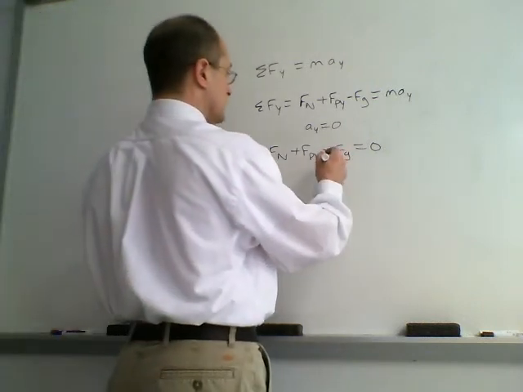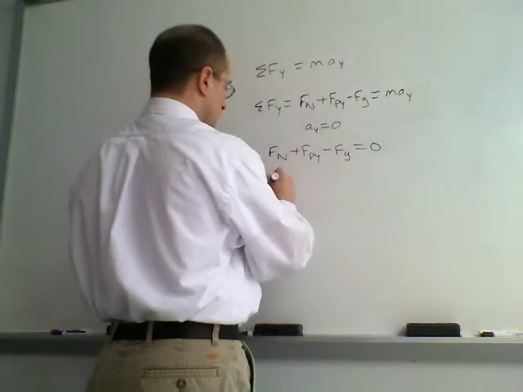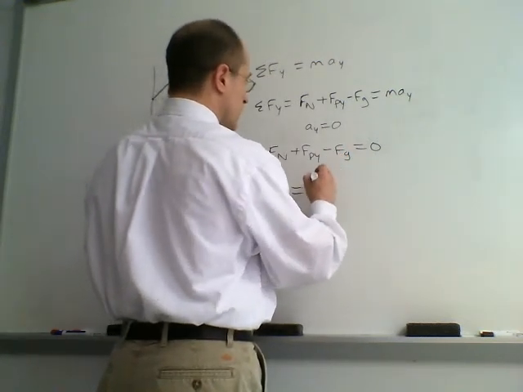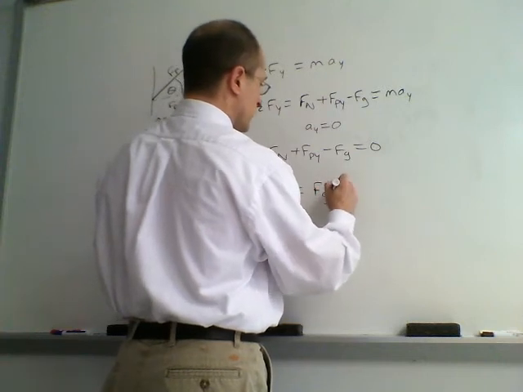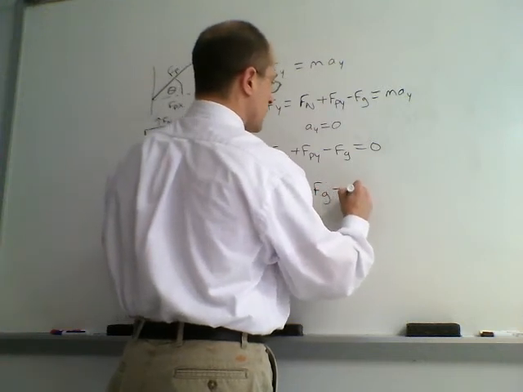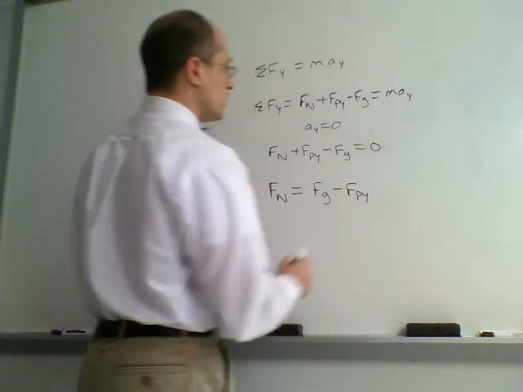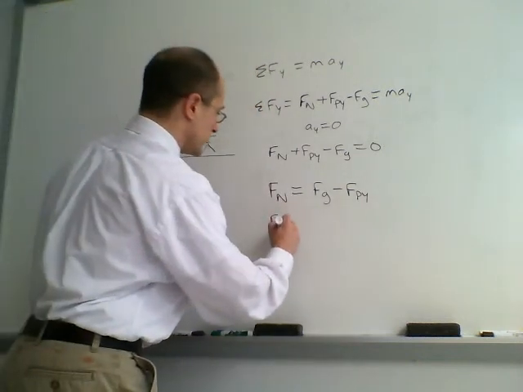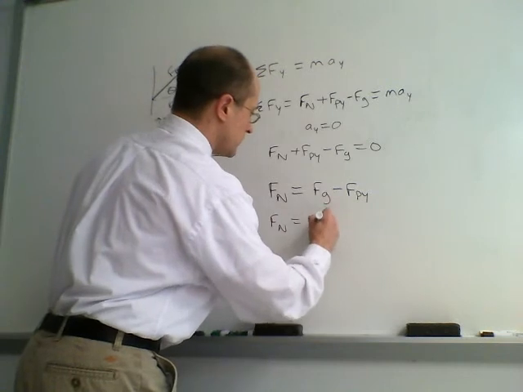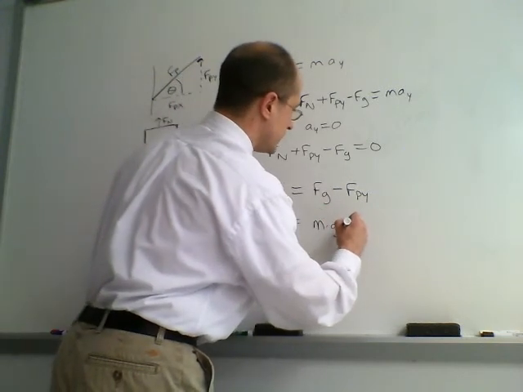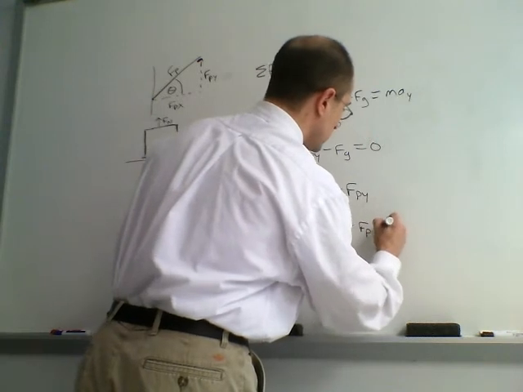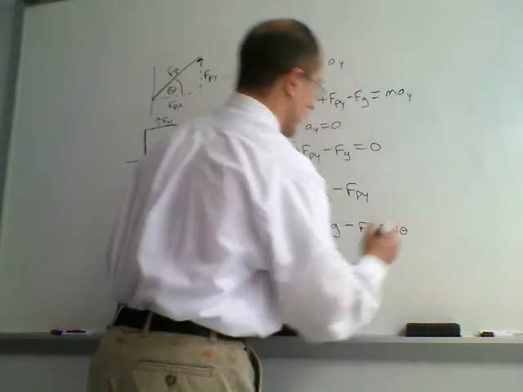So what that tells us, when we look at the normal force, is that the normal force is the weight of the box minus however hard you're pulling up on it. So the normal force in this case would be the mass of the box times gravity minus the force of your pull times the sine of the angle you pull.